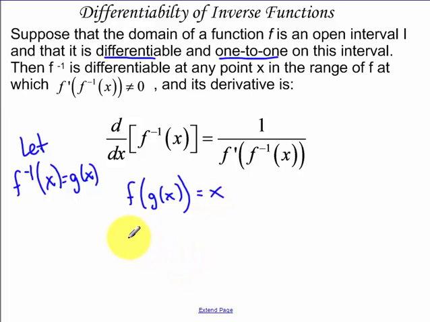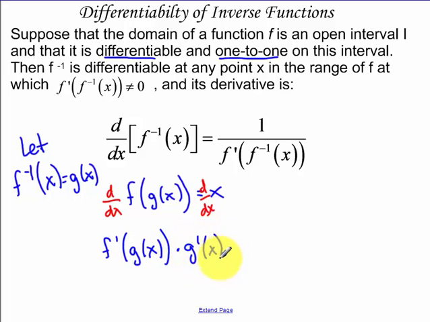So now take the derivative of the left with respect to x. So I'm going to do d/dx on the left and d/dx on the right. The derivative of the left side is a chain rule derivative: the derivative of the outside function, leaving the inside alone, times the derivative of our inside function.